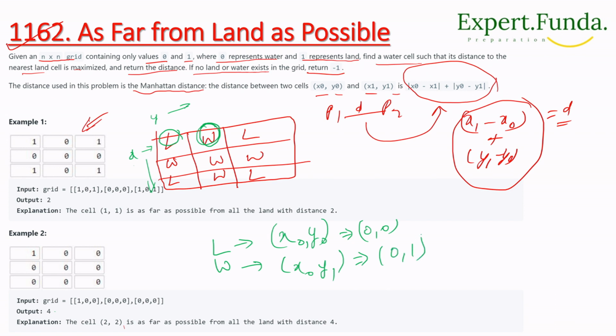The distance is 0 minus 0 plus 1 minus 0, which is 1. The distance between this cell and this cell is 1. Similarly, from here to here the distance is 2.